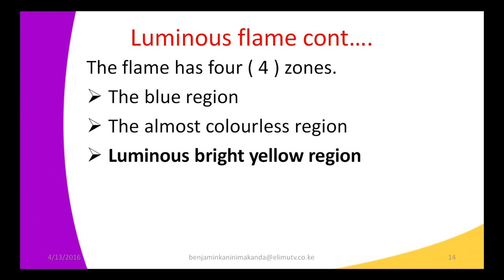Luminous means presence of light. So when someone tells you these are luminous objects, these are the objects that produce light. Examples of luminous objects are the sun, a candle, etc. Now, this flame has a luminous bright yellow region, meaning that this region produces a lot of light, and this is related to the fact that some of the unburned carbon particles glow red hot.